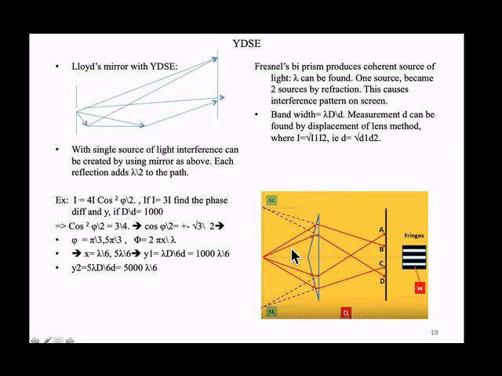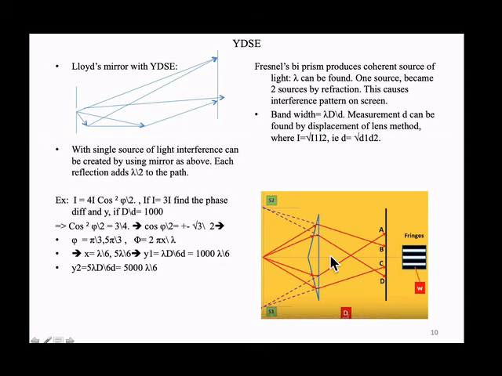Now the same two sources are produced by Fresnel's biprism. It is two prisms attached back to back. If I send one source of light here, due to refraction the light goes from this point to this point, so it is as if the source is here.